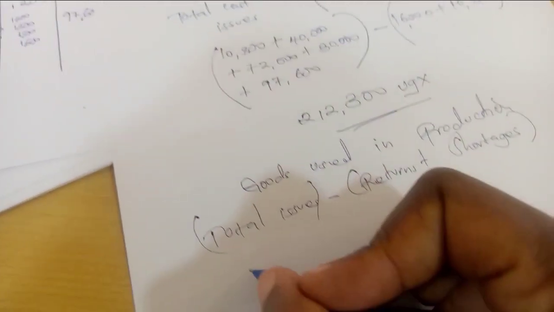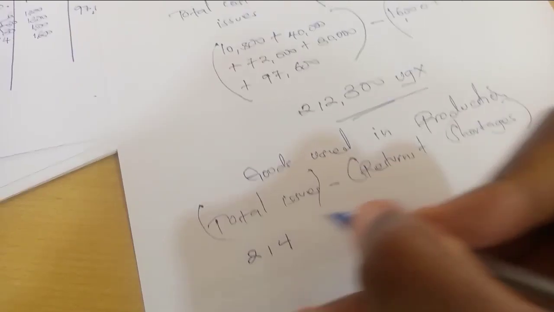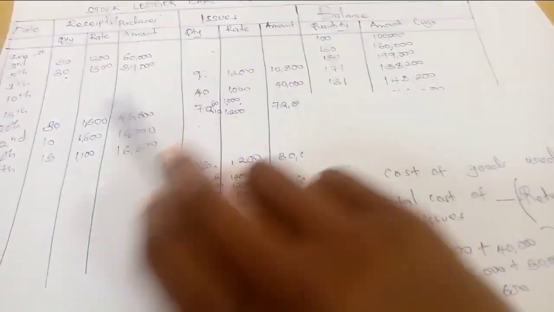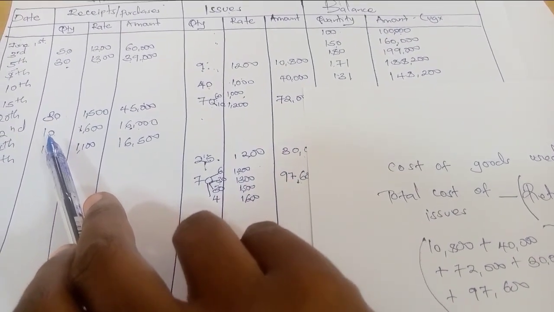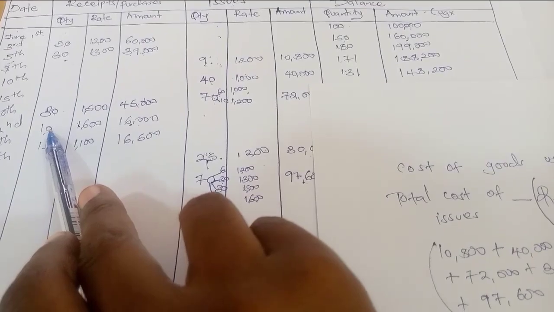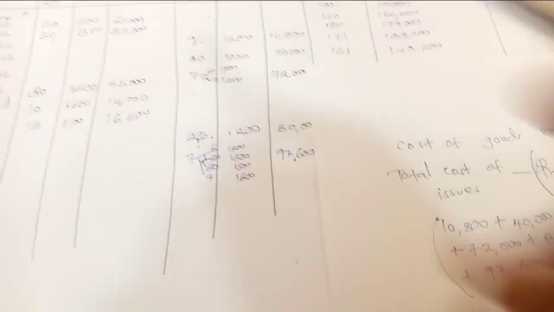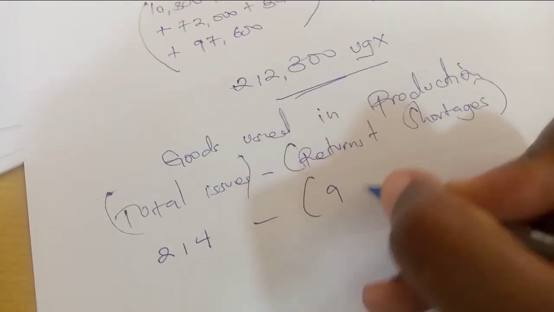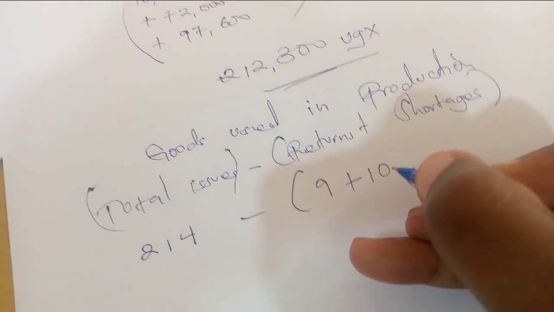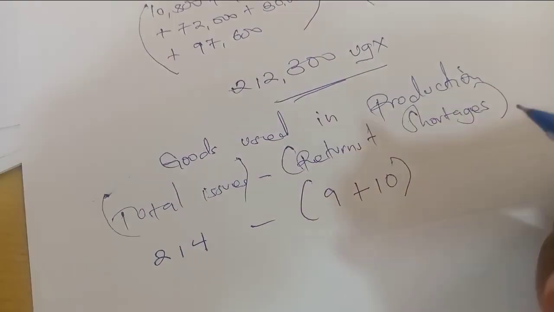It is 214 minus, in brackets, 9 plus the returns, which is 10. 9 plus 10. So what you get will be the cost of goods.